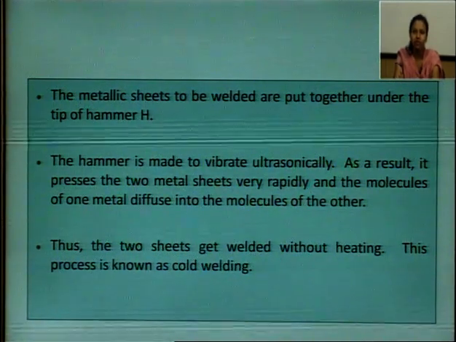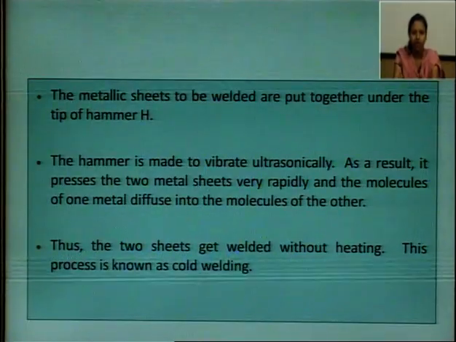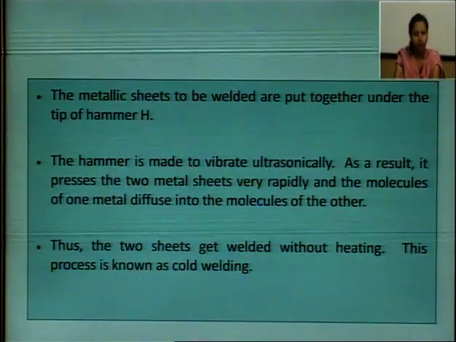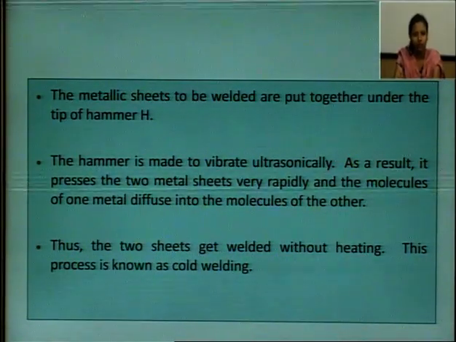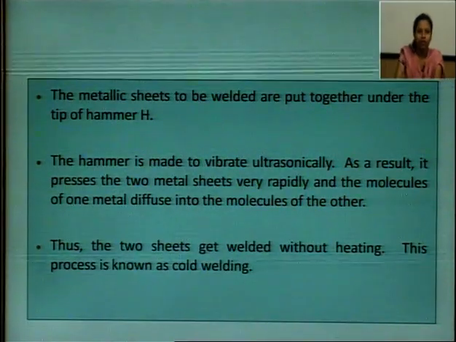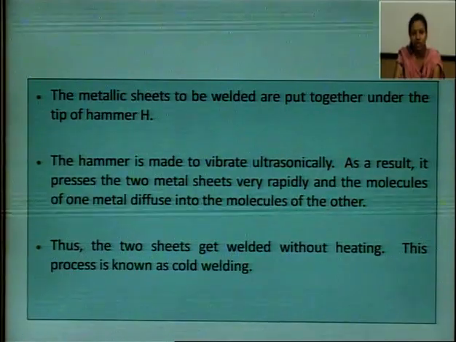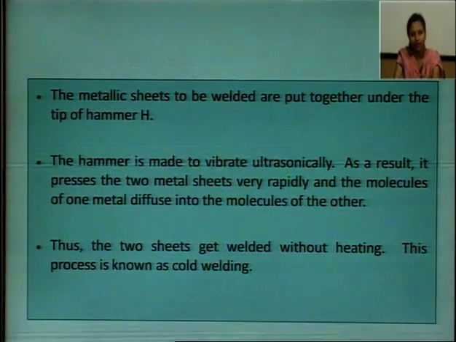As a result, it presses the two metal sheets very rapidly, and the molecules of one metal diffuse into the molecules of the other metal. In this way we can weld the two materials, and it will not produce any heating in the material. This process is also known as cold welding.